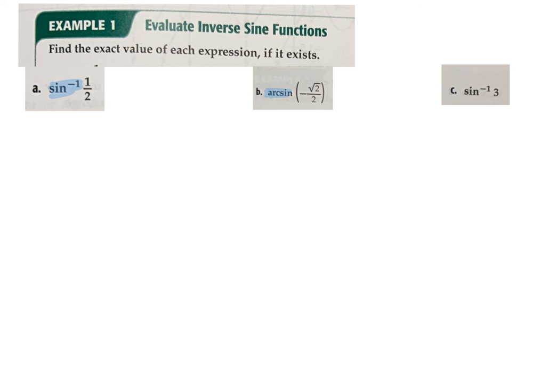So this first one, the sine to the -1, meaning arc sine of 1/2. What are they asking? They are saying, go to the unit circle. If it is positive, is it going to be first quadrant or fourth quadrant for sine? First. So what angle in the first quadrant gives you a sine of 1/2?